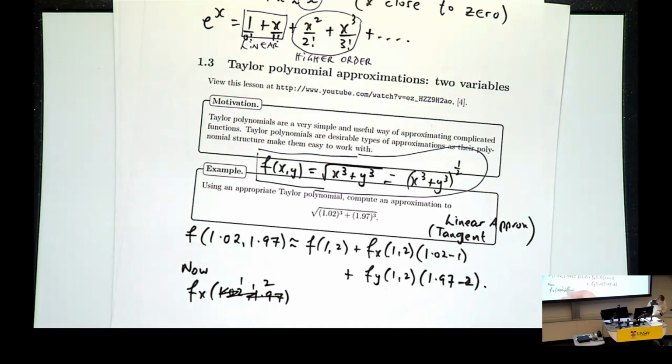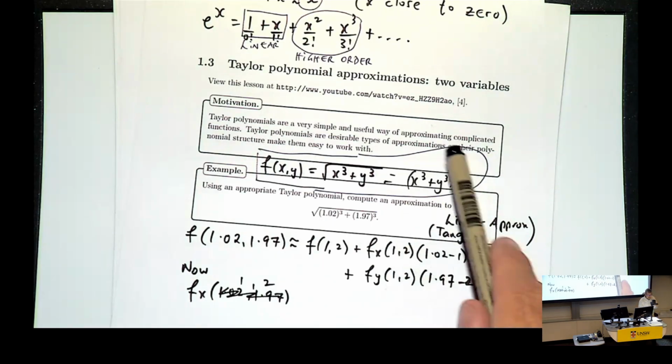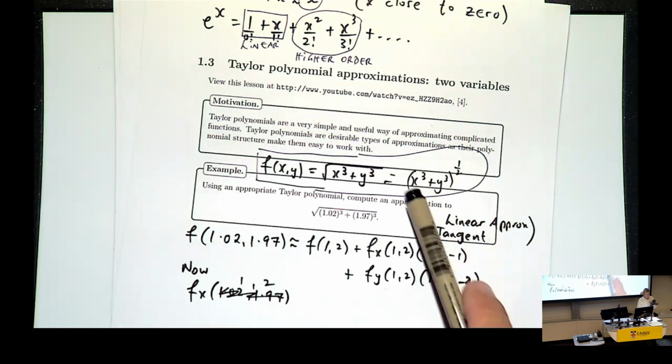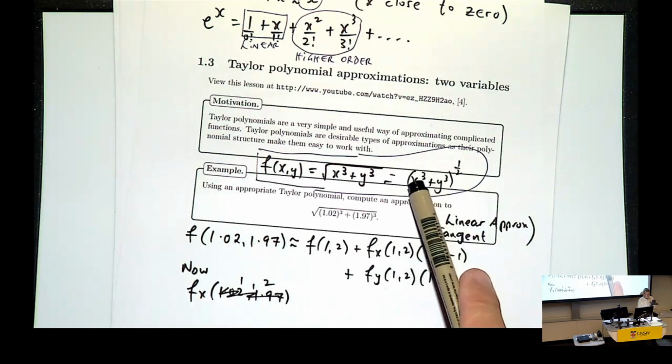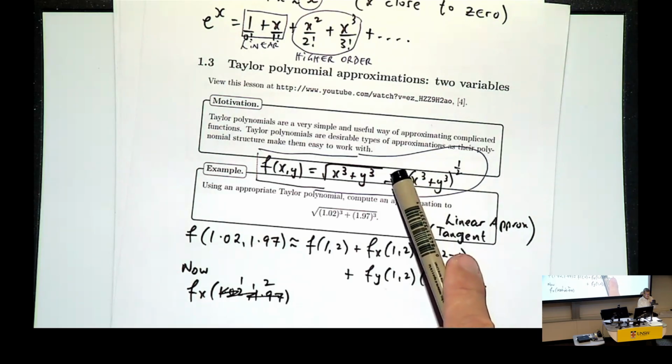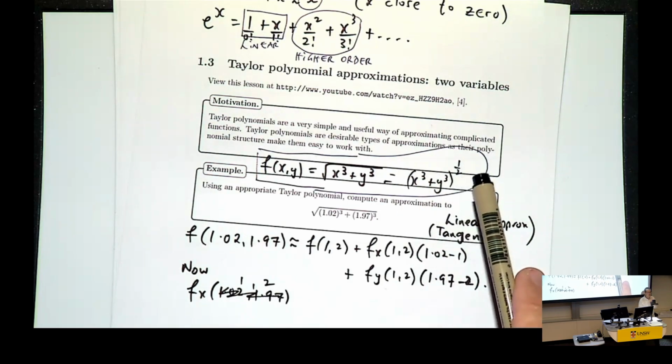Then plug in x equals 1, y equals 2. So what's going to happen when we differentiate this mess here? Well, the half's going to come to the front, the 3x squared is going to come to the front, and you decrease the power by 1.